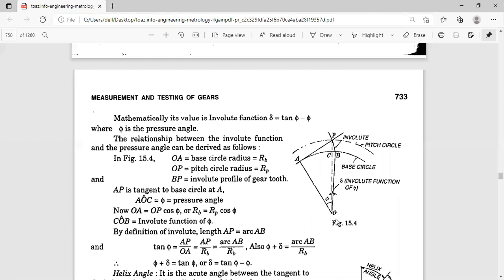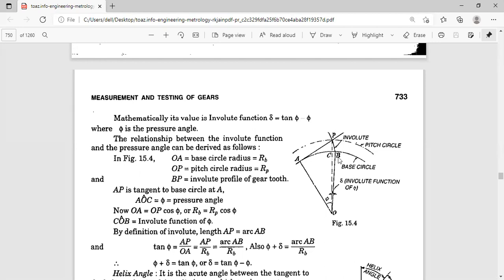Like the center of curvature you might have seen in strength of materials, in bending of curved beams or bars, O is taken as the center of curvature. From O to A, where the base circle is, it is the base circle radius, and from O to P it is the pitch circle radius RP.